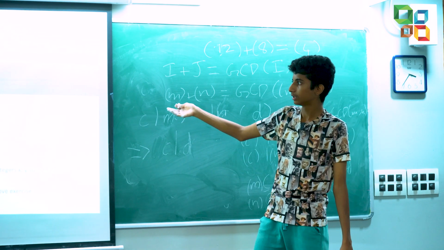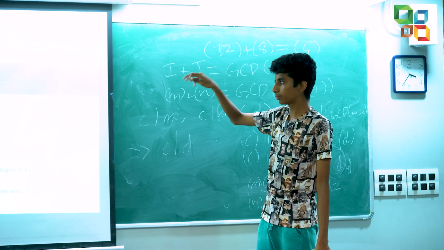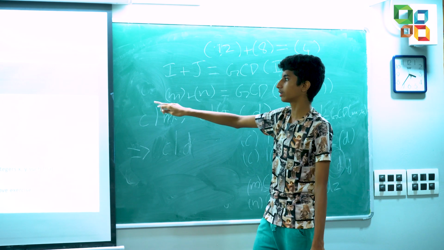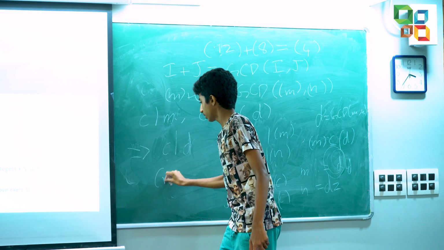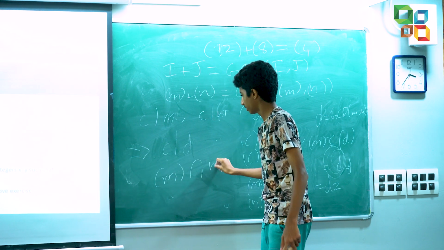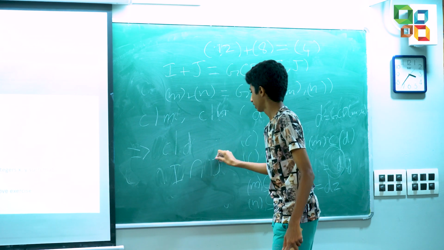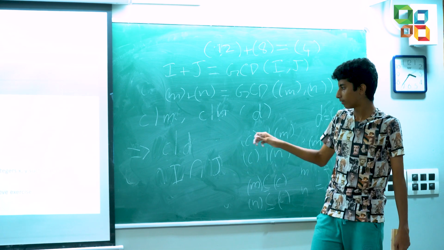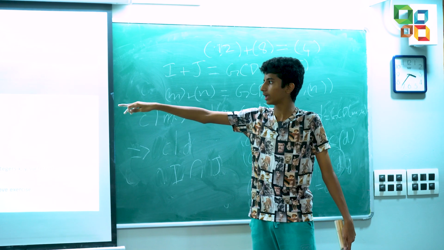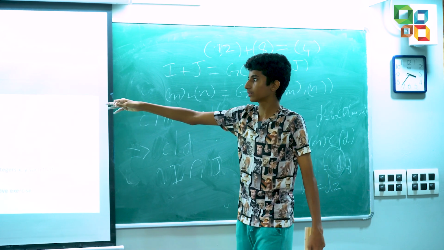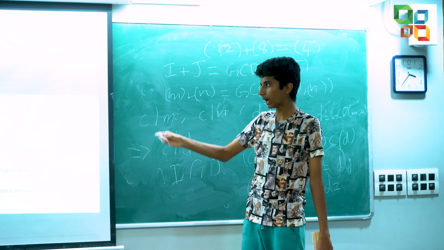Next, this is what we wanted to prove. The others I'll give you as homework. Once you prove that the ideal I intersection J is the LCM of I and J from the previous slide, for general ideals, you will be able to prove that if L is equal to LCM of m and n, then m intersection n is equal to L. You have to argue a similar thing.